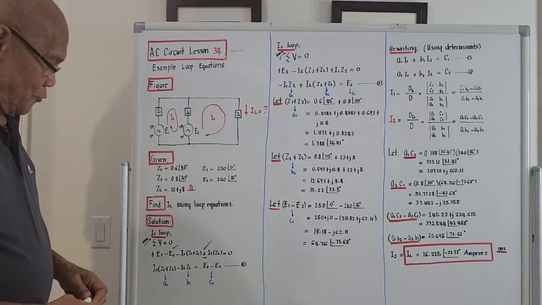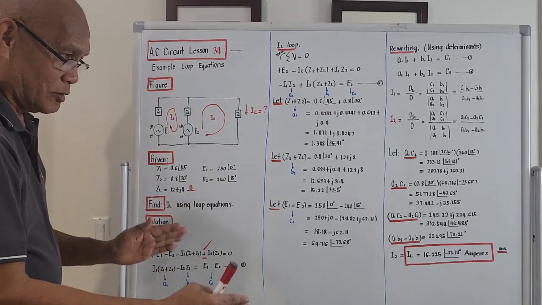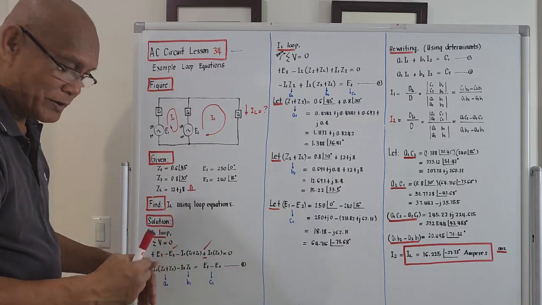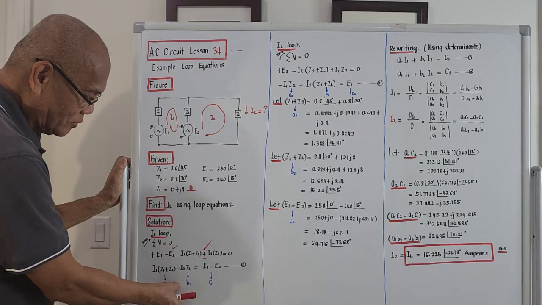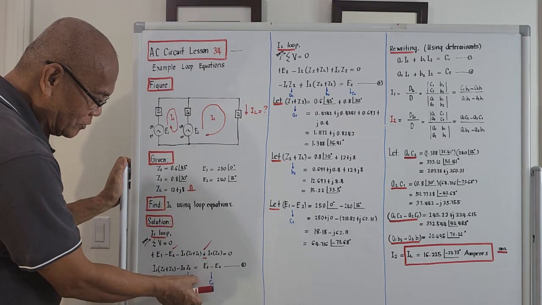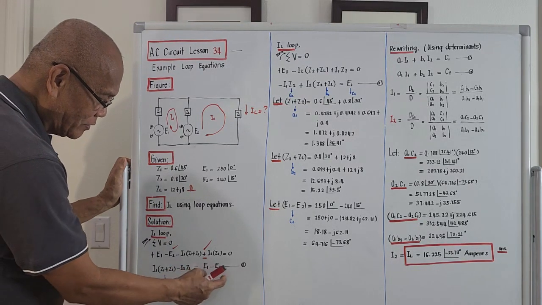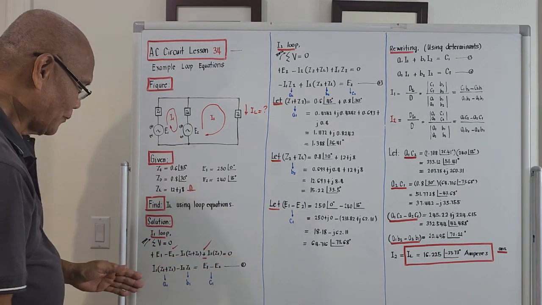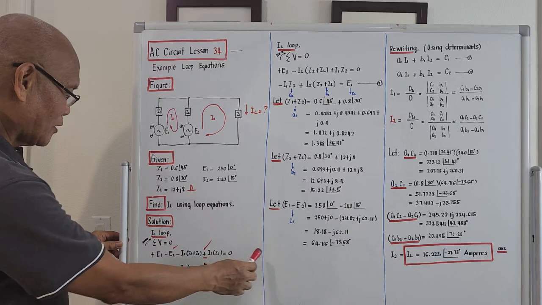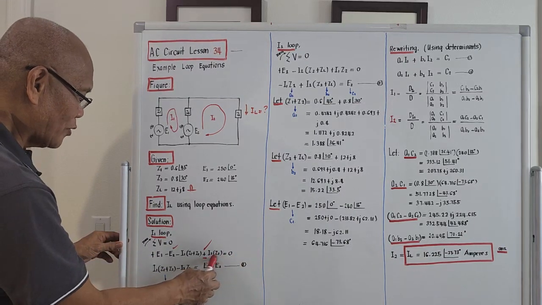If we simplify this, I will go ahead with I1 first. So this should be I1 times the sum of Z1 plus Z2, minus I2 Z2, and this should be equal to E1 minus E2. We just rearrange the summation of the voltages. This one here, we put on the right. This one here, we put on the right.